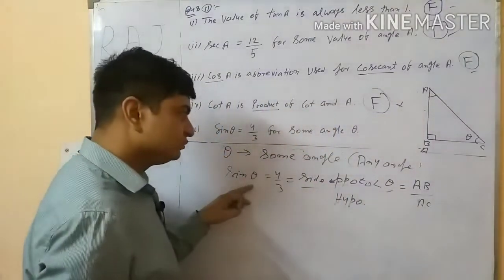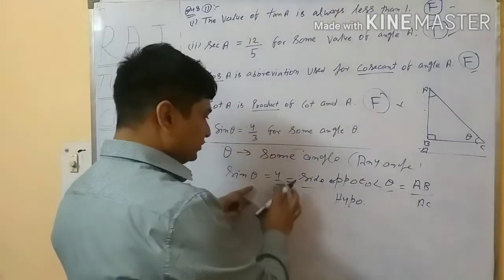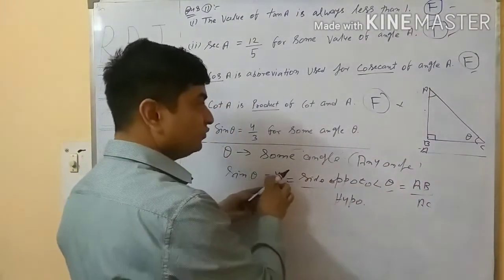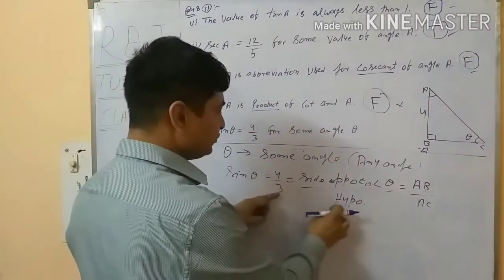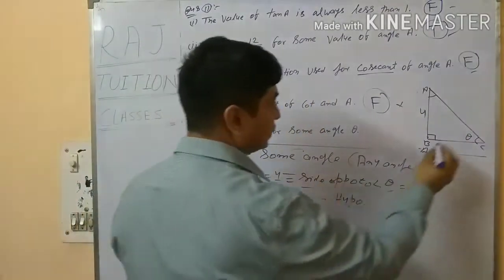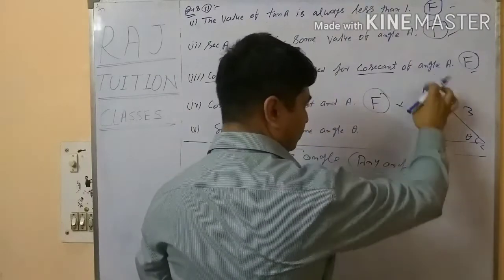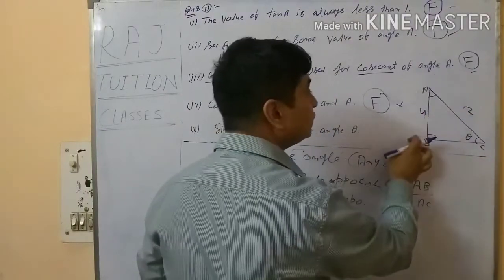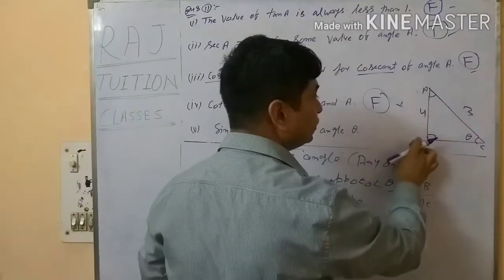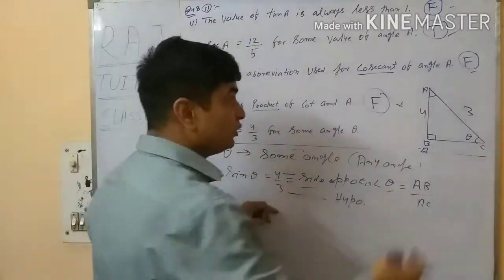Is it possible? Let's look at AB is 4, and AC, which is hypotenuse, is 3. AB is a side of this right angle triangle other than the hypotenuse, and this is 4, while the hypotenuse is 3.